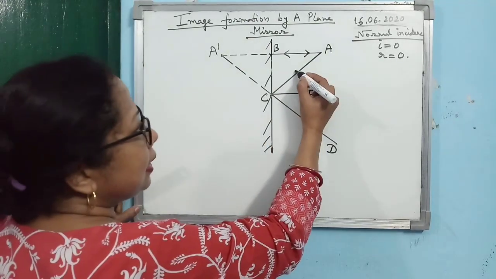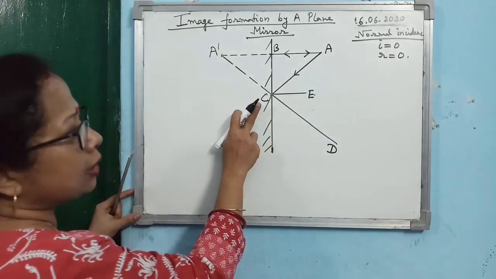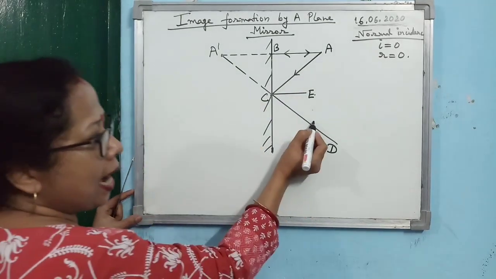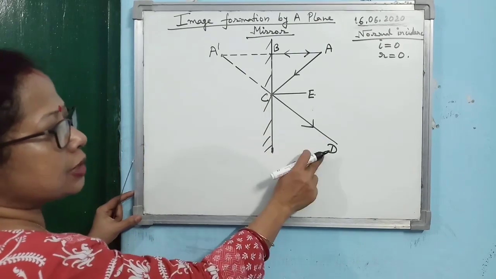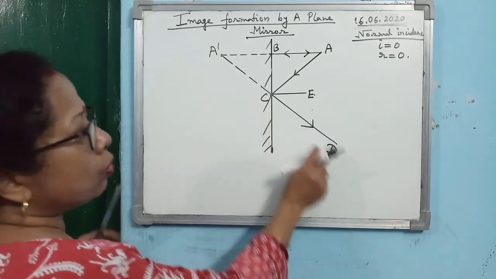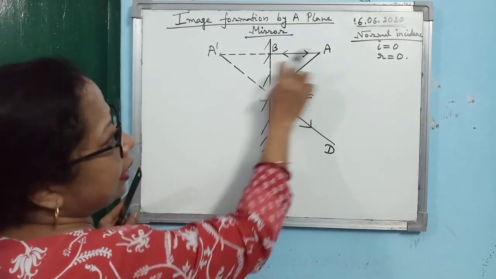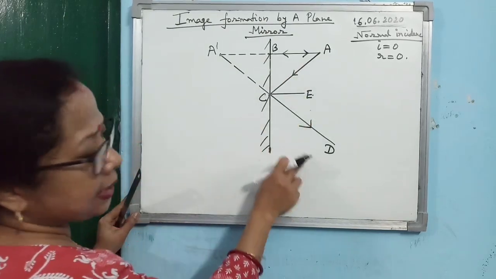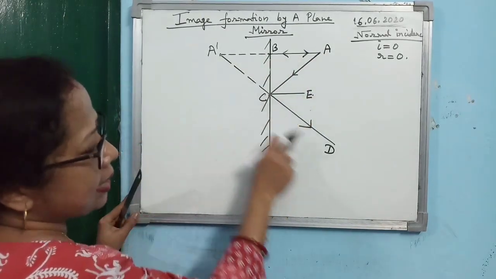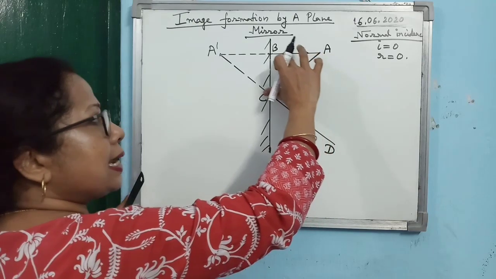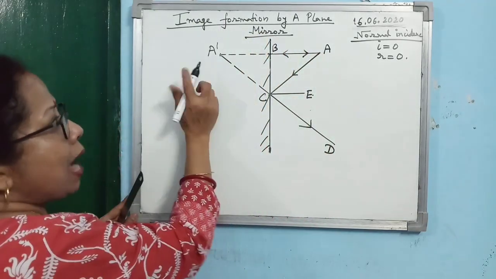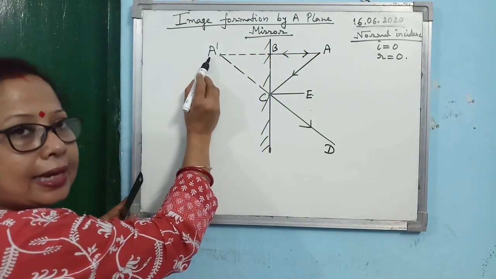Then another ray AC falls on the mirror at the point C and is reflected along CG. Now you look at the two reflected rays BA and CG. When they are extended back, they appear to meet at a point A dash.